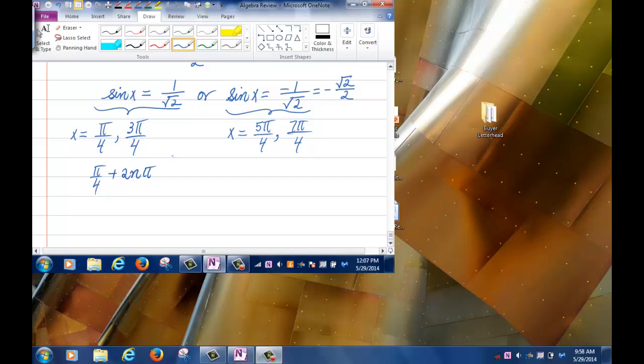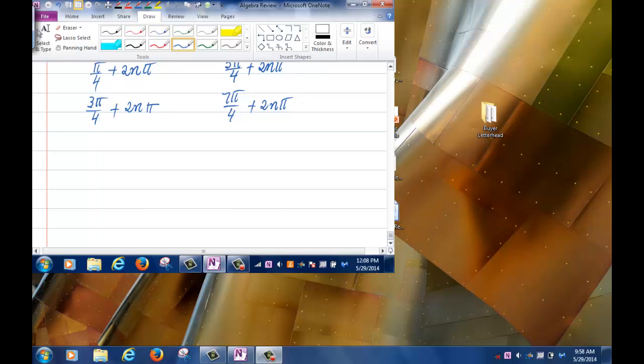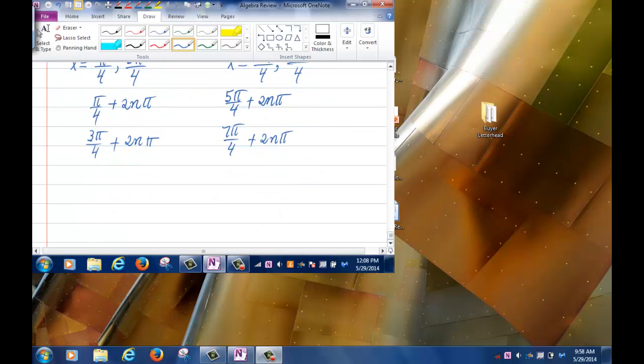Then 3 pi over 4 plus 2n pi. The same way, 5 pi over 4 plus 2n pi, and 7 pi over 4 plus 2n pi. Again here n is an integer.